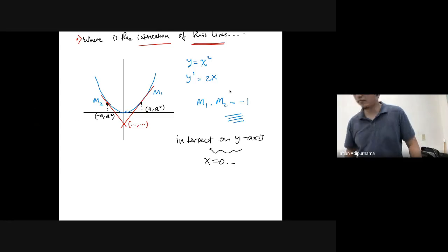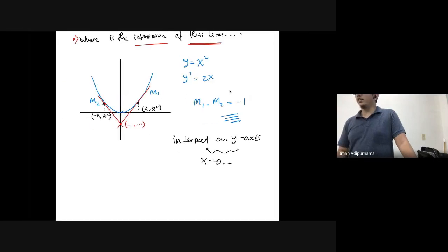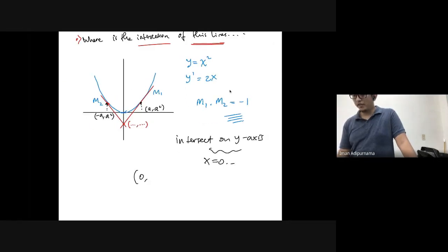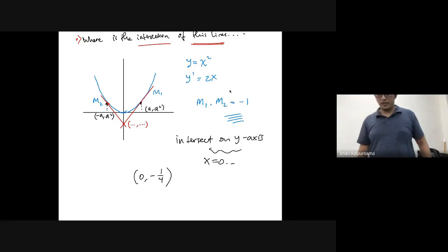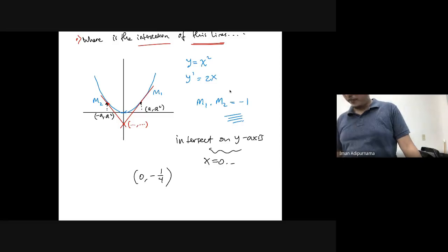And then you plug in all, making the tangent line equations, and then making x is 0, you will get the intersection is 0, -1/4.